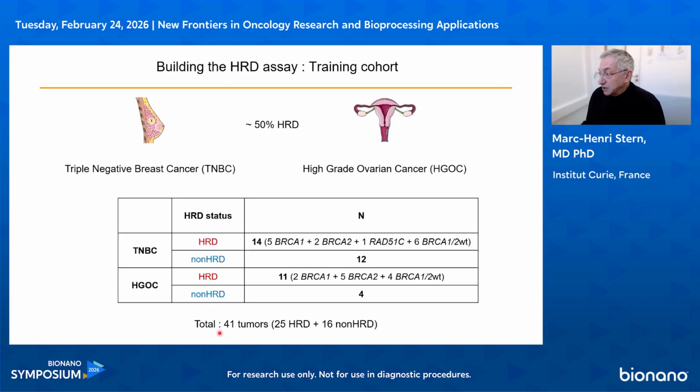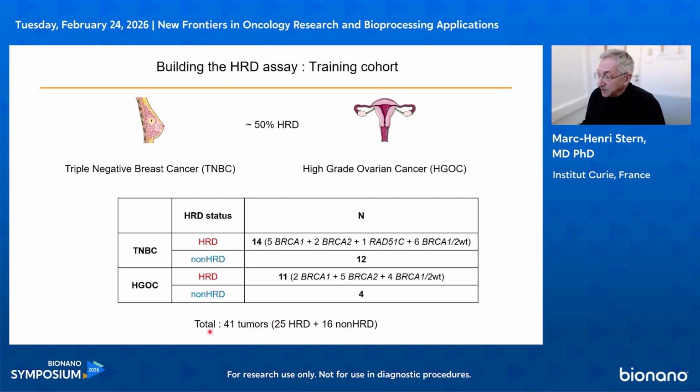We used 41 samples, both from breast and ovary, previously characterized by our standard method to determine the HRD status, as well as the sequence of the key genes of the HR pathway, such as BRCA1 and BRCA2.